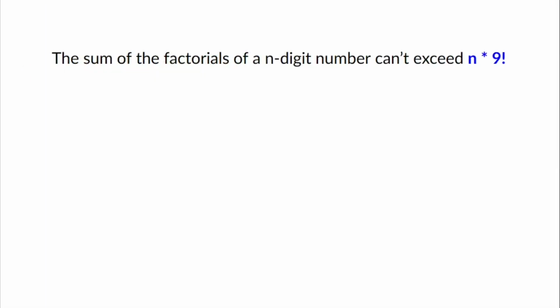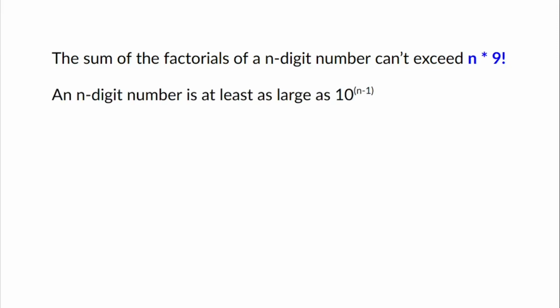The sum of the factorials of an n-digit number can't exceed n into 9 factorial. This is because the highest single digit is 9, the factorial of 9 is 9 factorial, and n such factorials will be n into 9 factorial. An n-digit number is at least as large as 10 to the power n minus 1.